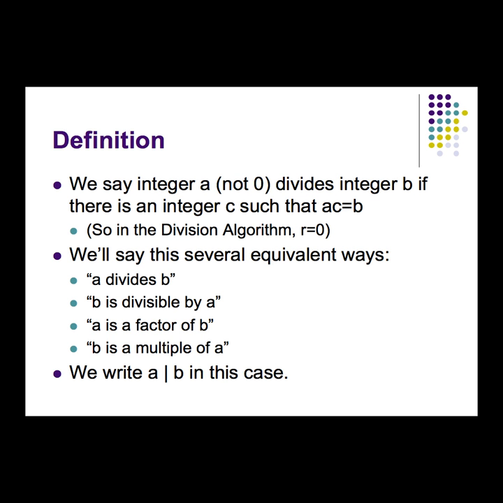Remember, the way we typically wrote the division algorithm was that given a and b, where b was not 0, we had a equals b times some quotient plus a remainder, where the remainder was greater than or equal to 0 and less than b. The problem with this is that we've interchanged the roles now.